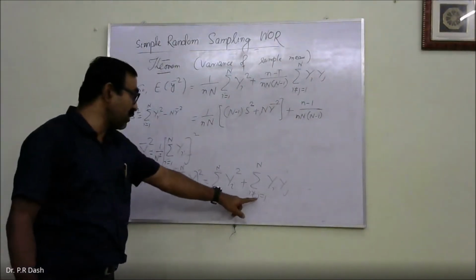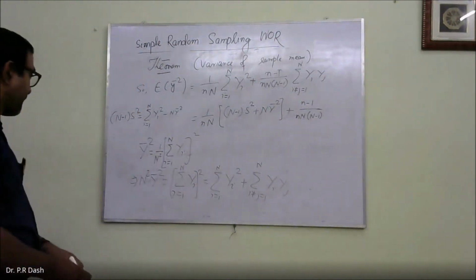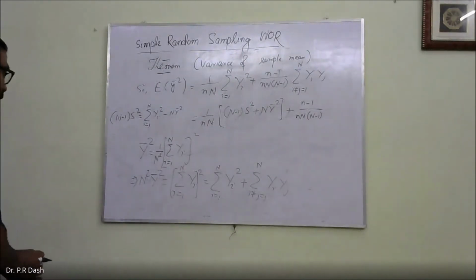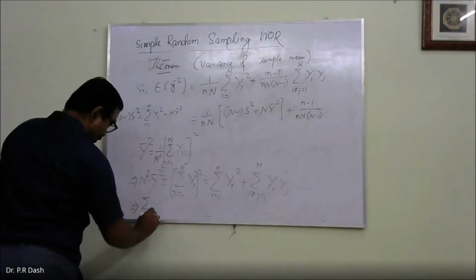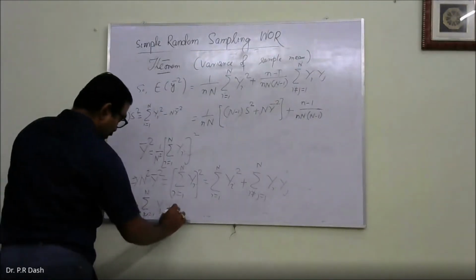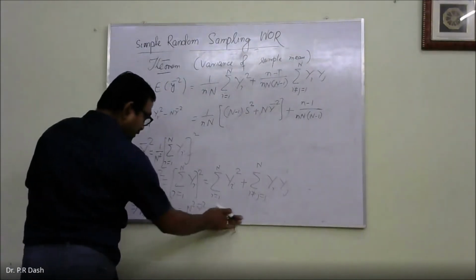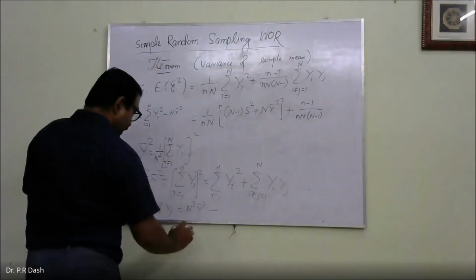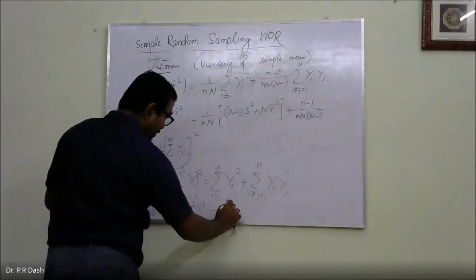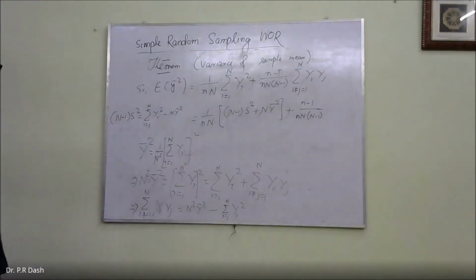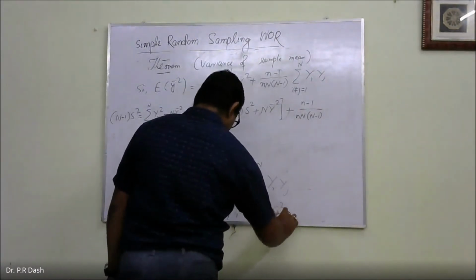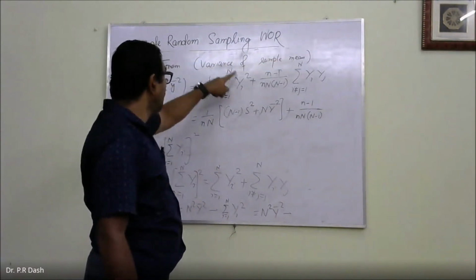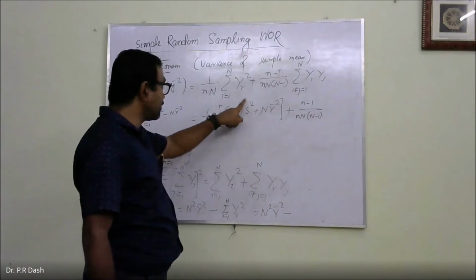So summation i not equal to j yi yj is equal to n square y bar square minus summation i equal to 1 to n yi square. This is equal to n square y bar square minus n minus 1 s square minus n y bar square.